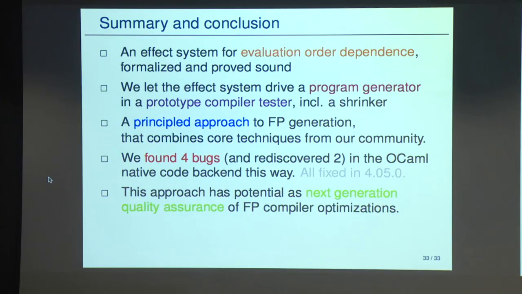All right. So in summary, I presented an effect system that decides this evaluation order dependence. We have a formalization of a little core of it, which we proved sound. We then used this effect system to drive a program generator inside this prototype compiler tester, including the shrinker that would allow us to cut down the produced counterexamples.